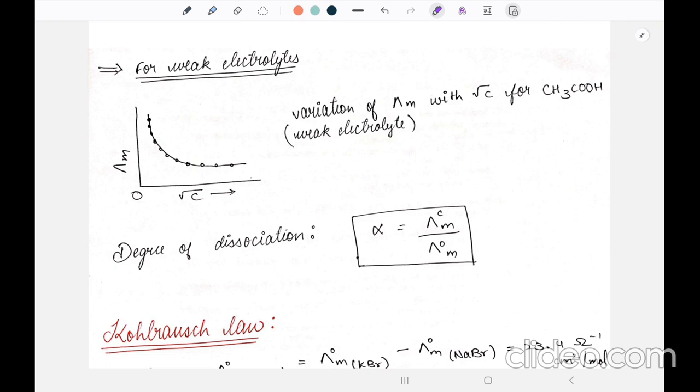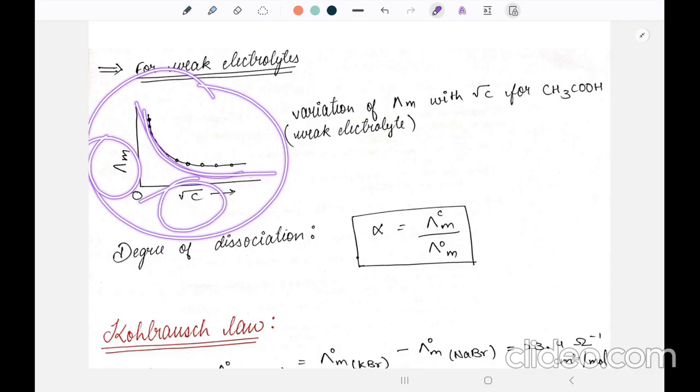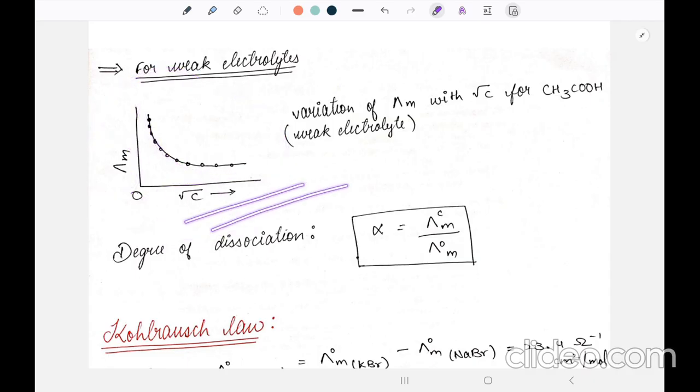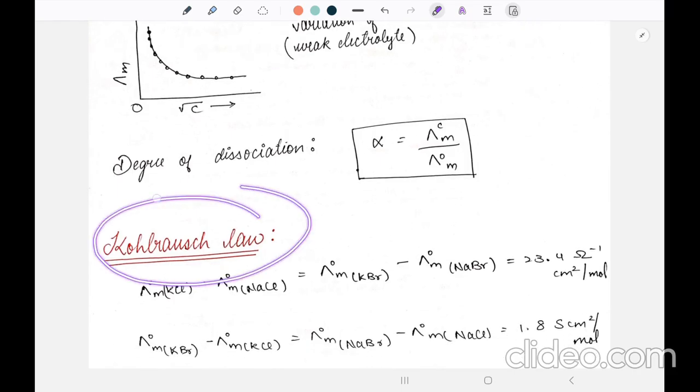So the molar conductivity of a weak electrolyte will increase steeply with dilution, especially in low concentration regions. So we can plot this kind of a graph of molar conductivity against root C. This graph is for CH3COOH, which is a weak electrolyte. But the proper explanation can be provided by Kohlrausch's law, which we'll study in a while.